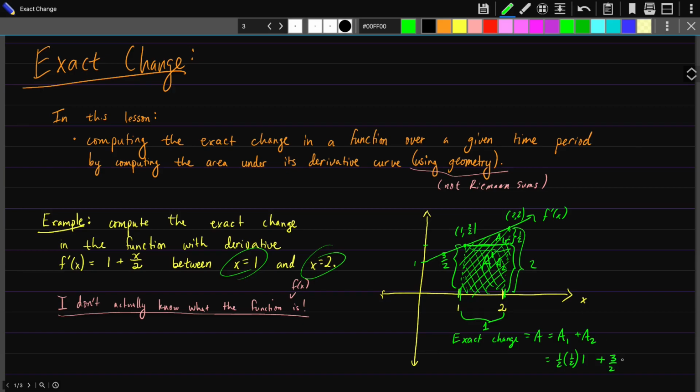So the area of that rectangle is 3/2 times 1. My total area is 1 over 4 times 1, so it's just 1 over 4, plus 3 over 2, which is 7 over 4. And that is my exact change. The exact change in my function between x equals 1 and x equals 2 is 7 over 4.